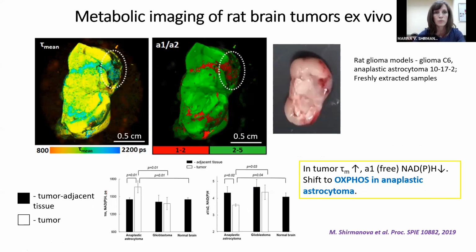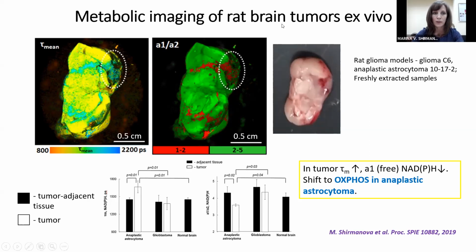We also tried to perform metabolic imaging in rat brain tumors. We cannot do this in vivo because these tumor cells were inoculated orthotopically into the rat brain. So to see the metabolism of this tumor, we need to excise the tissue, to take it out of the body. We did this with two types of tumors: glioblastoma, the most aggressive brain tumor, and anaplastic astrocytoma.